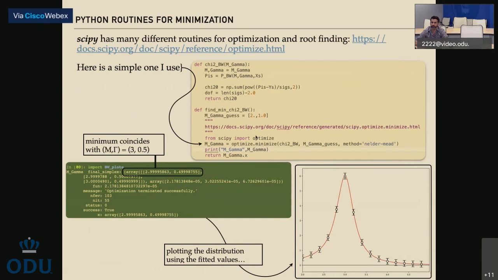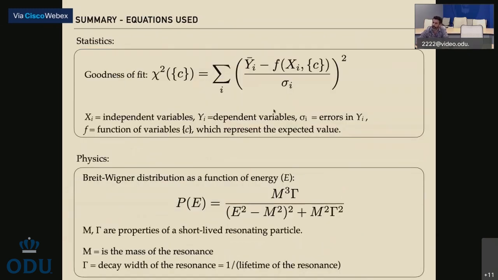And we defined a function which was the chi-squared function. Let me go forward. So we defined a function, chi-squared, which is the goodness of fit. This function is defined as the distance of your data, yi, away from the expected value of the data, which is this function f.